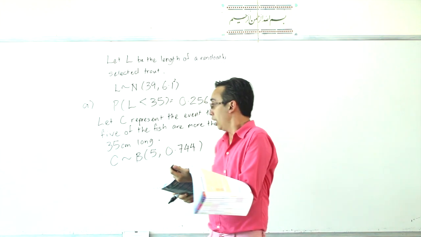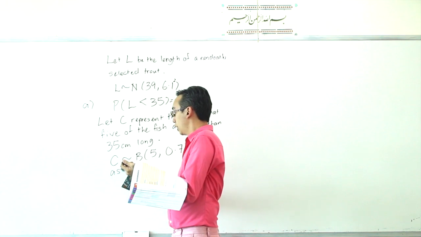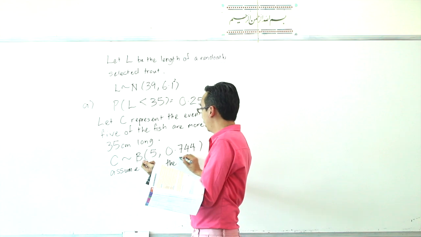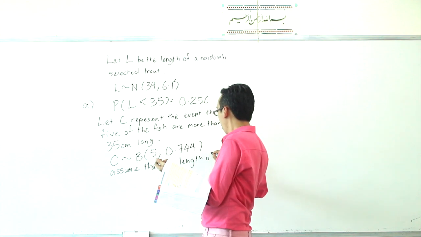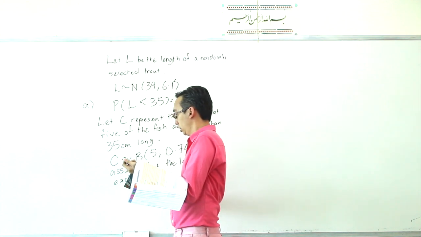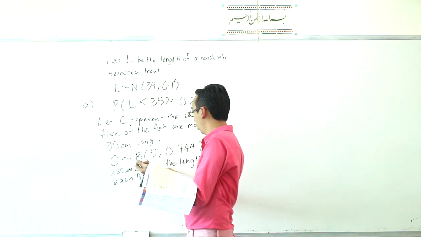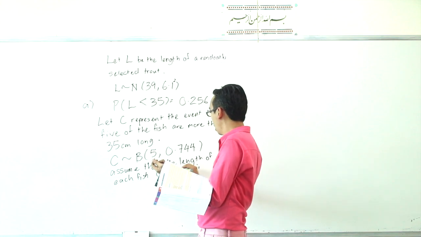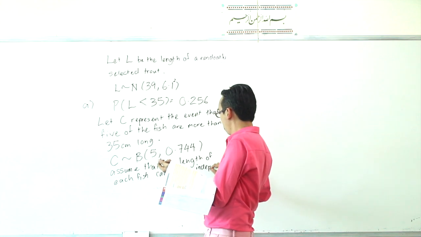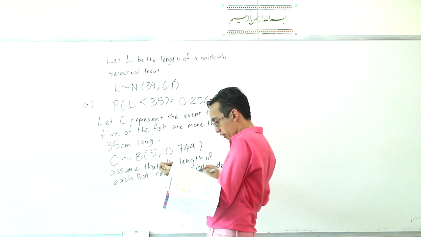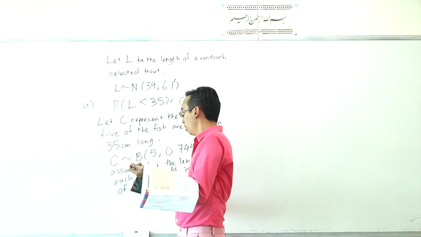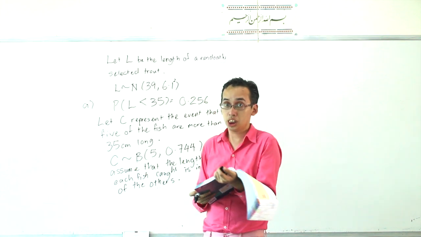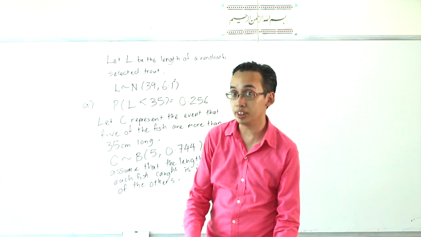So what must you assume? You assume that the length of each fish caught is independent. This is the typical binomial assumption, that each trial is independent of the other.